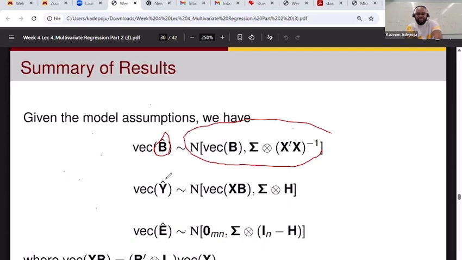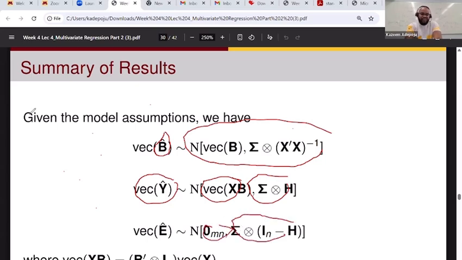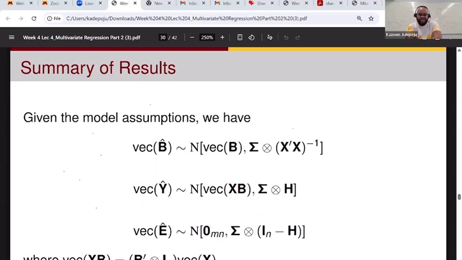If you want to focus on the prediction, the fitted value, it follows normal distribution with that and this as the variance. And what about the error, the residual, in multivariate? It follows normal distribution with this as the mean, and of course that as the variance. So you can see that's exactly what we stated out here.